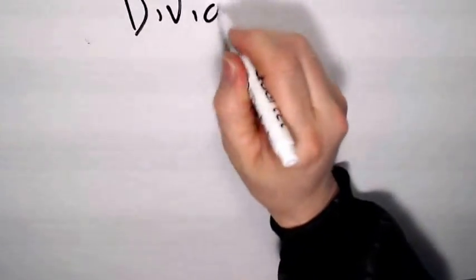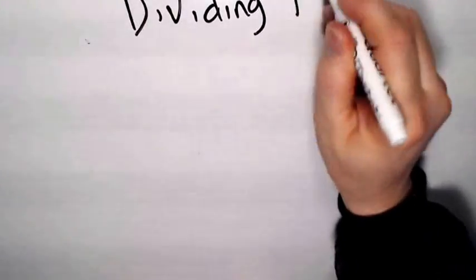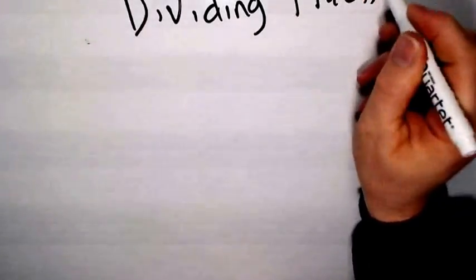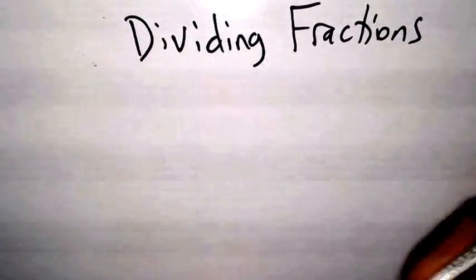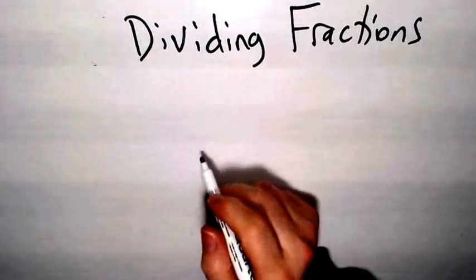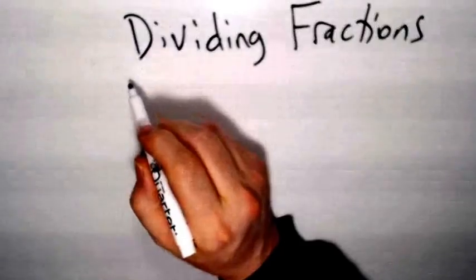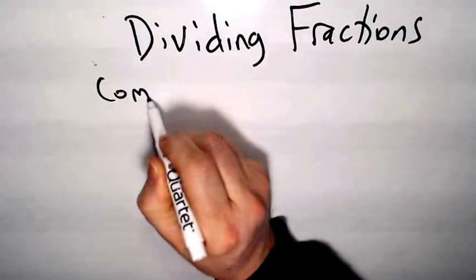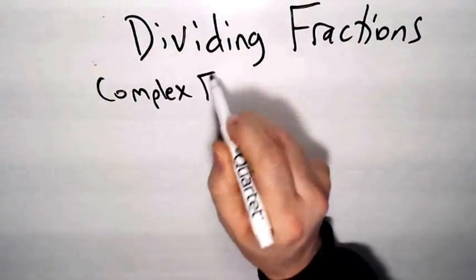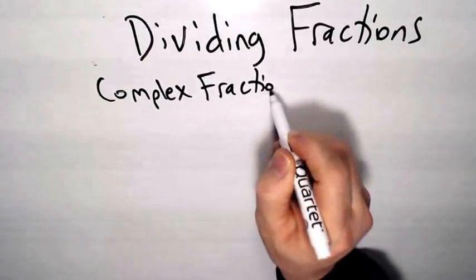So how will we do that? Well, dividing fractions. Okay, so dividing fractions. We have a rule, of course, for everything. And this rule I'm going to show you is called the complex fraction rule.